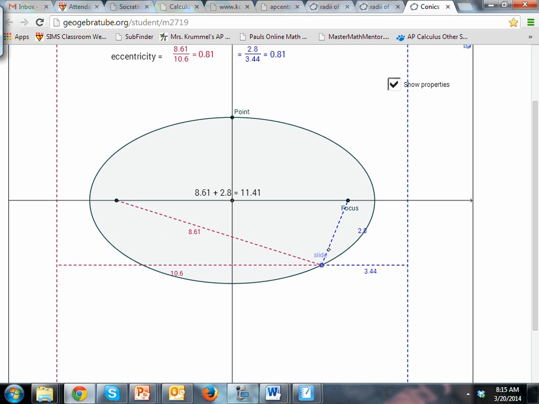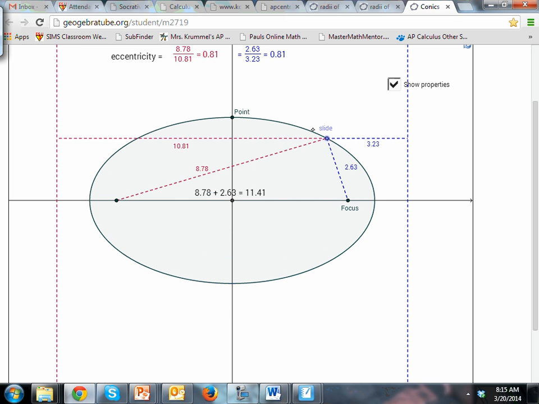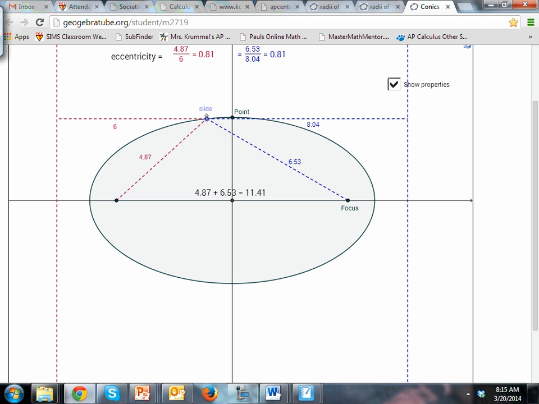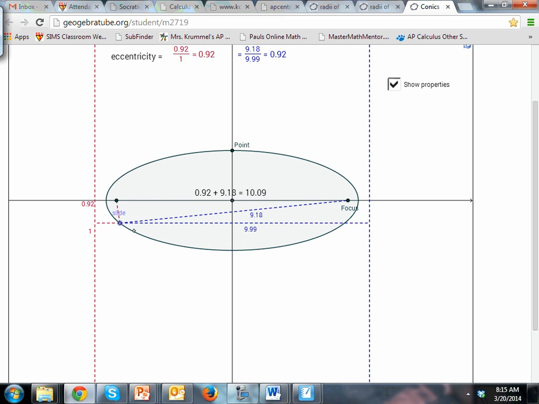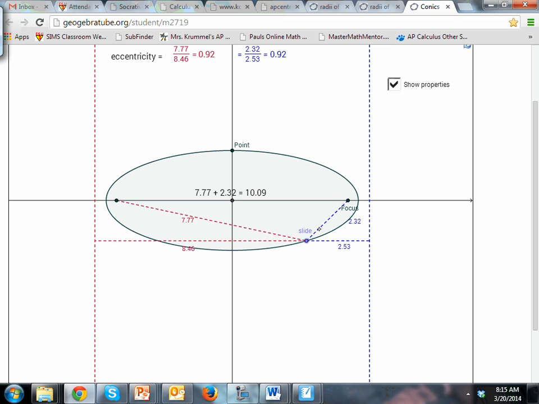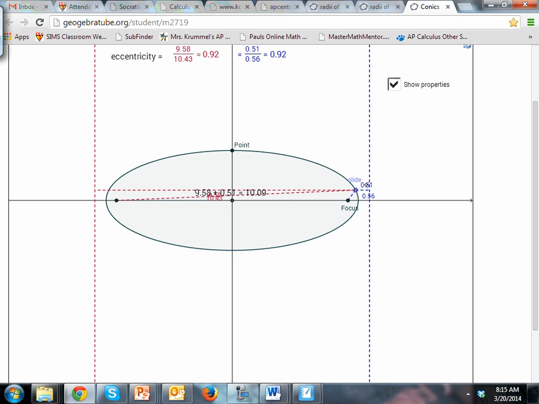It is always the same. New ellipse. Still always 1029.